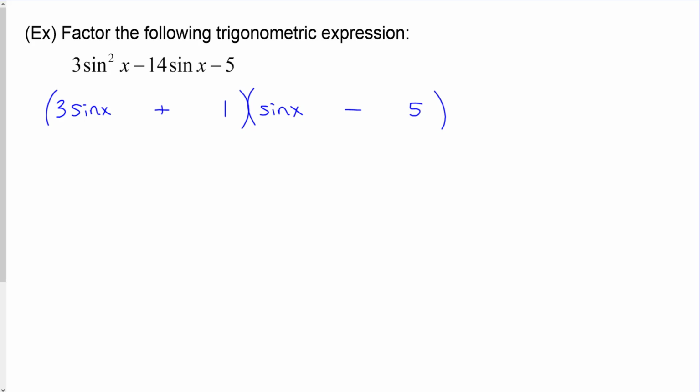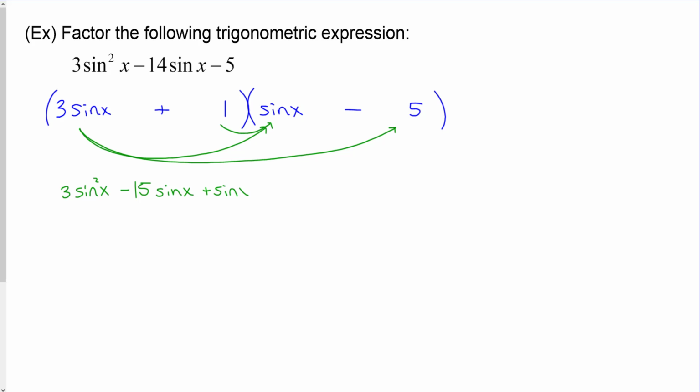Now if you go back and check your work, this works out just fine, because 3 sine x times sine x is 3 sine squared x. 3 sine x times -5 is -15 sine x. 1 times sine x is plus sine x.